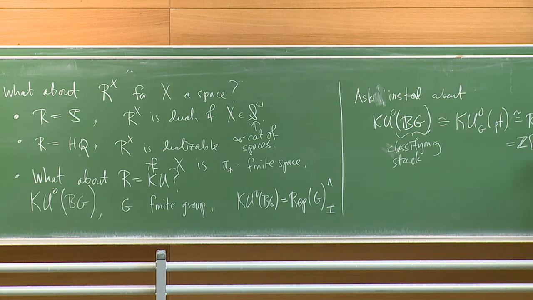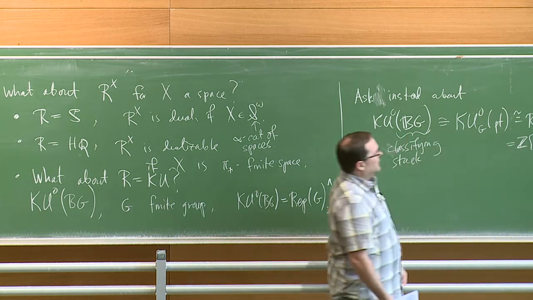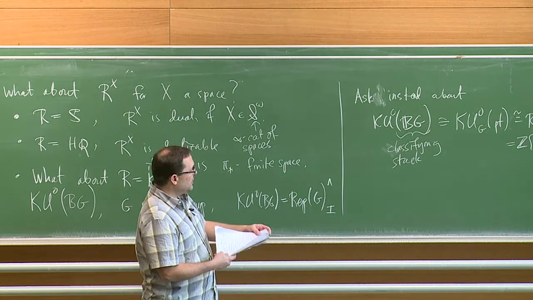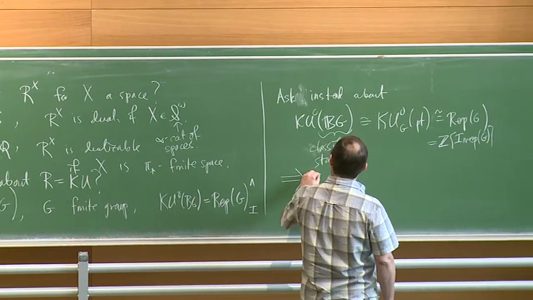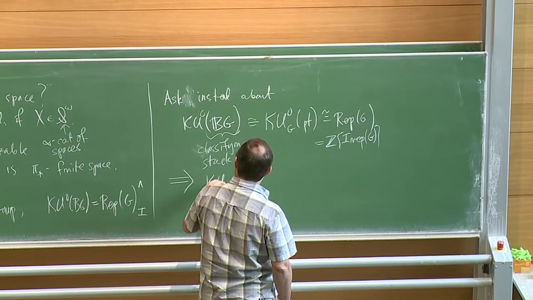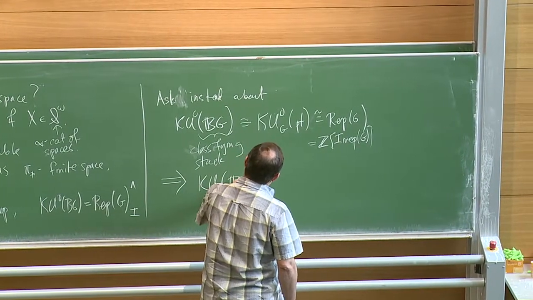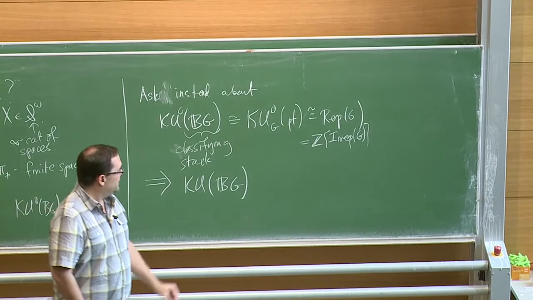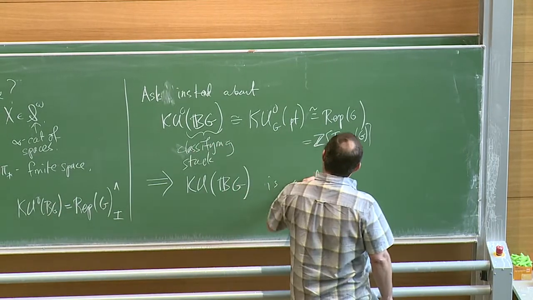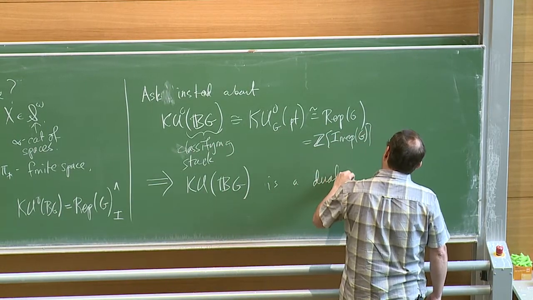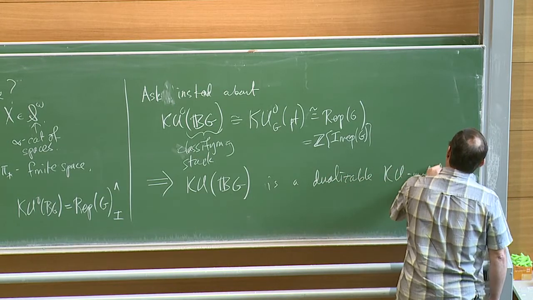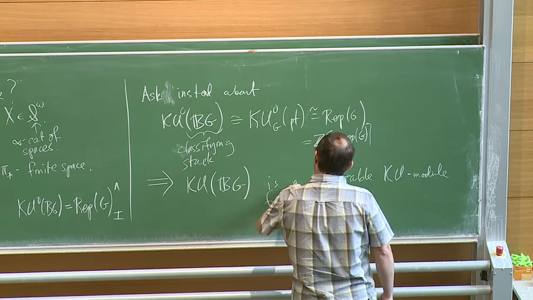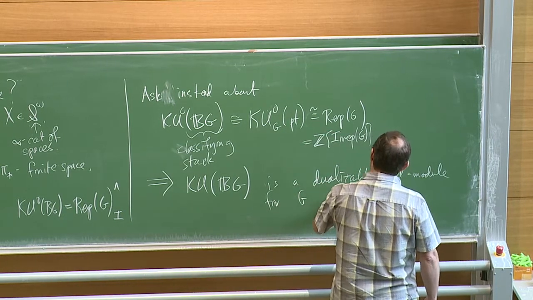So as long as there's finitely many irreducible representations, this is going to be a dualizable Z module, and you can use that to calculate that KU of the stack BG is a dualizable KU module for G a finite group.